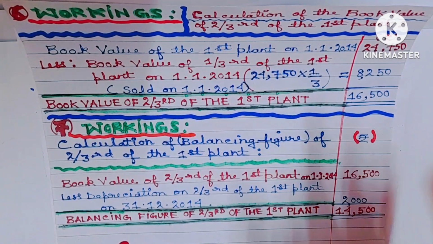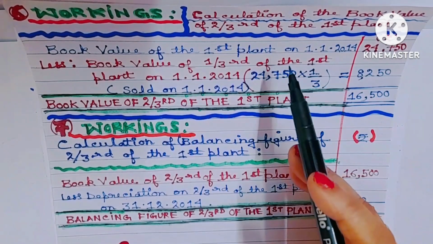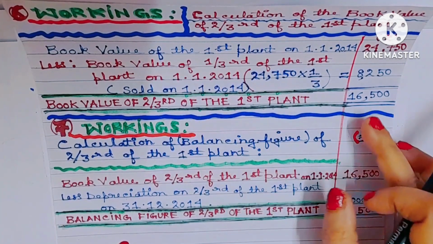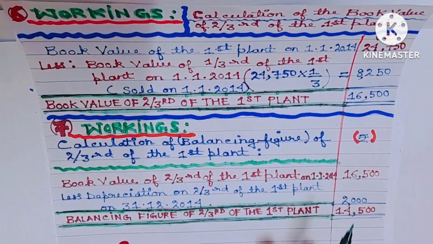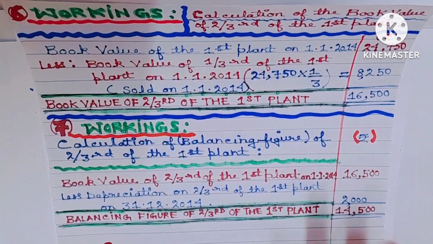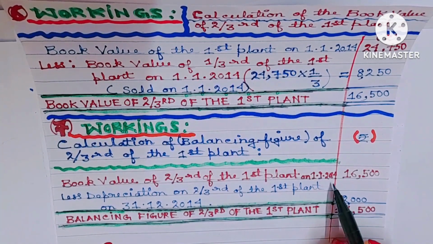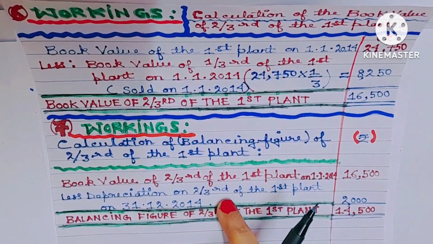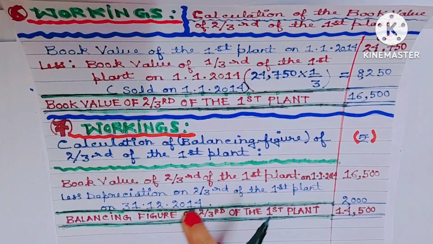So we got to calculate the book value of 2/3 of the first plant. That is 16,500. Now we got to calculate the balancing figure of 2/3 of the first plant. See, book value of 2/3 of the first plant on 1st January 2014 is 16,500 less depreciation on 2/3 of the first plant on 31st December 2014 is 2,000.